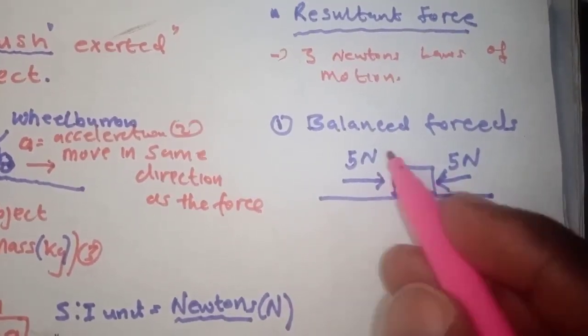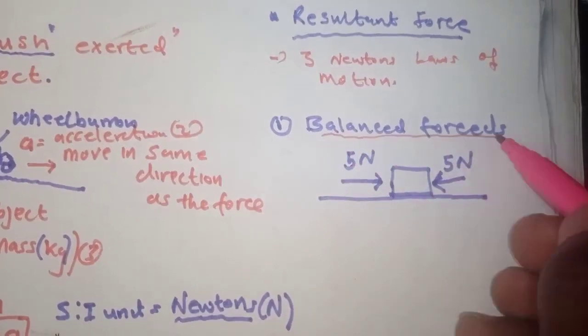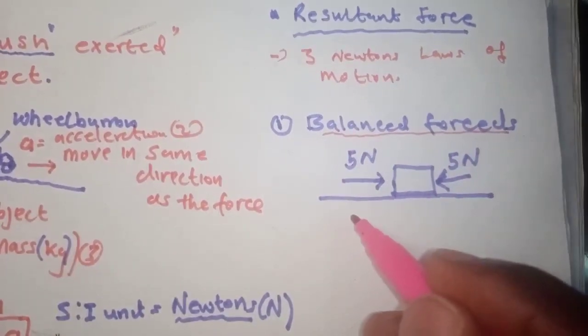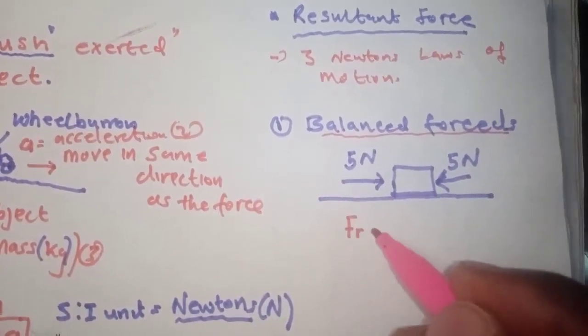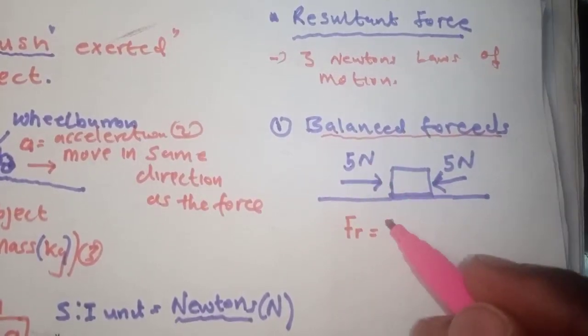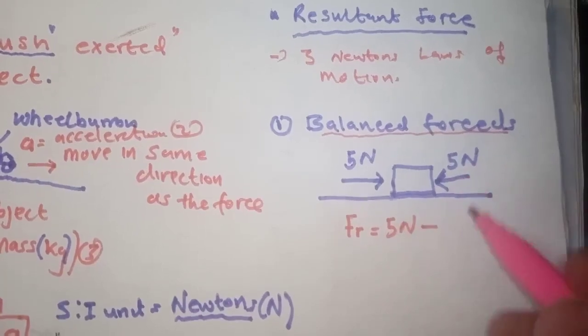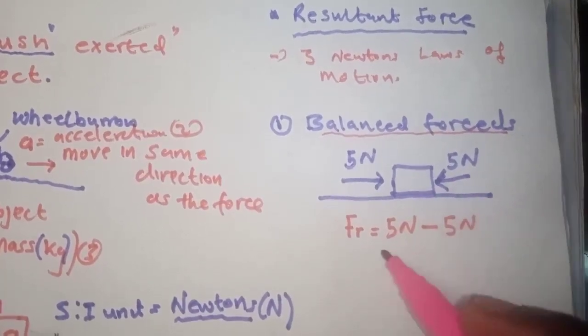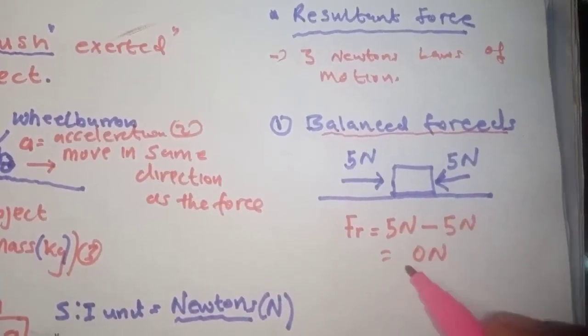these forces are called balanced forces. This is because if you find the resultant force, you take the force on the left, which is 5 newtons, subtract the force on the right, which is 5 newtons, and you get 0 newtons.